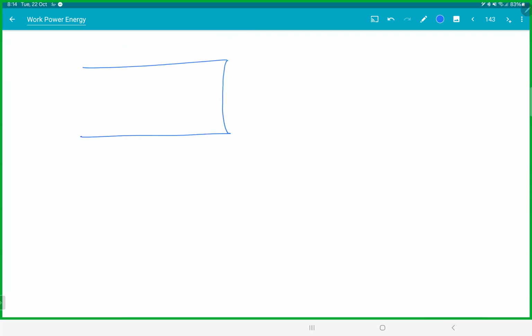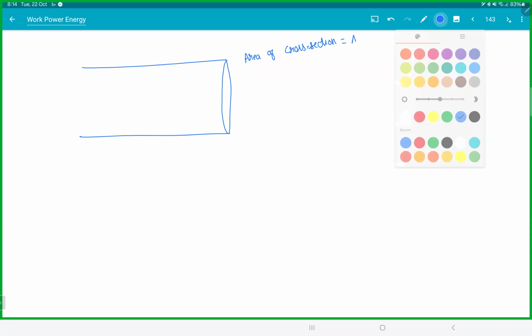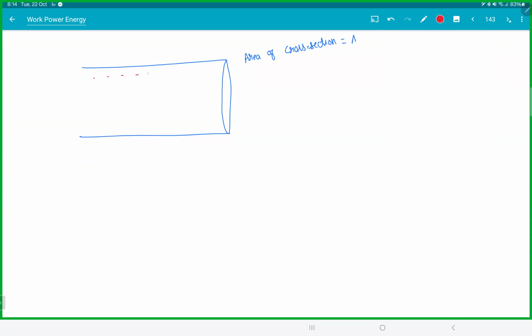All the wind in this cylindrical cone, which is hitting this, is responsible for the power generation. So let this area of cross section be A. In this cross section, take a small slice dx.